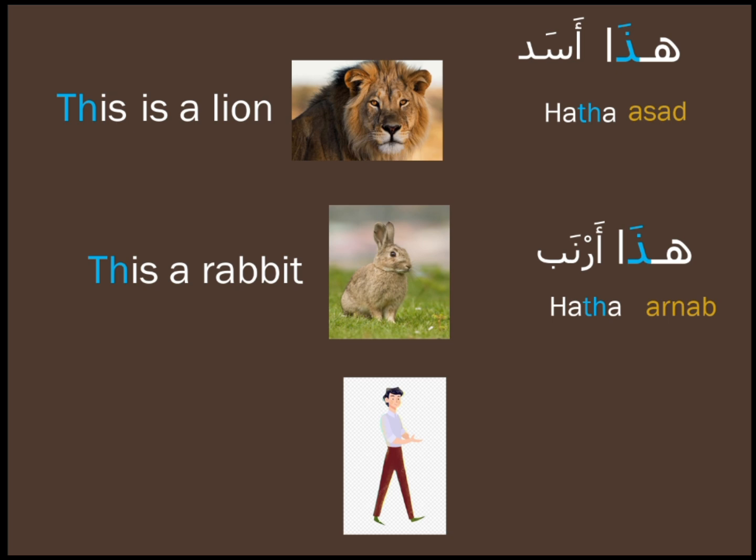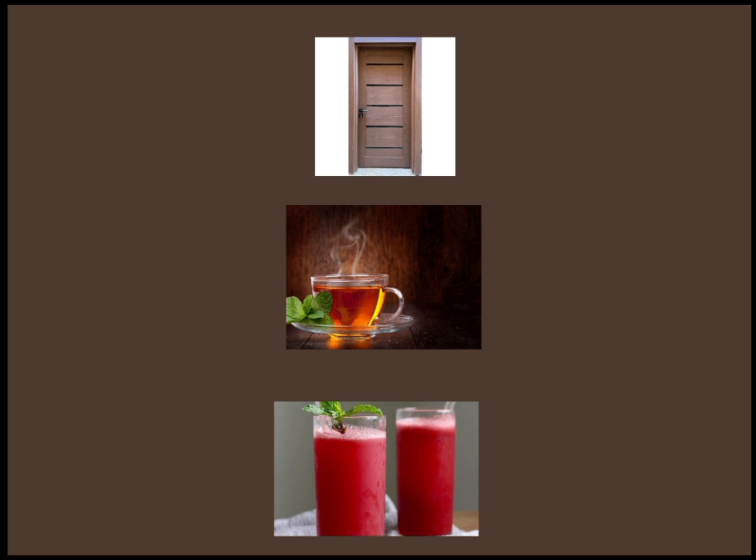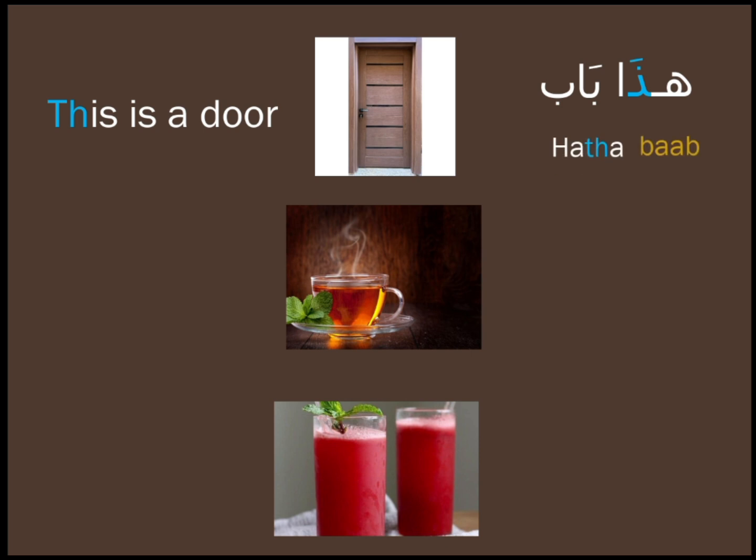The third picture. This is a boy. هذا ولد. ولد is a masculine word. What is this? This is a door. هذا باب.